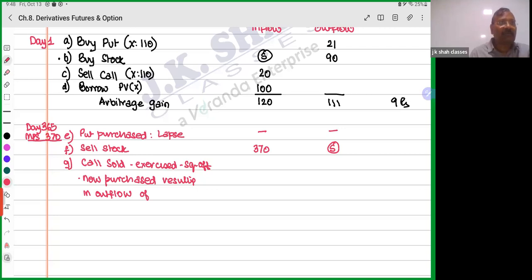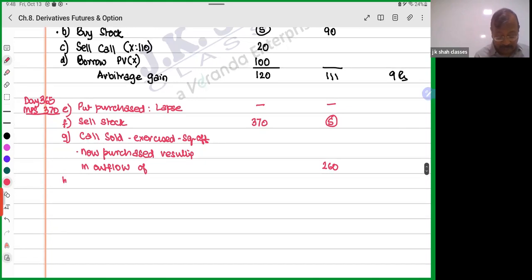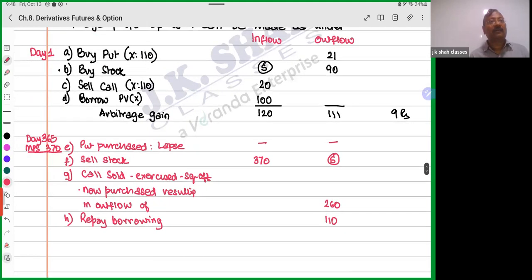Intrinsic value, right? Intrinsic value is 370, strike price is 110, 260. 260, that will be an outflow. And then repay borrowing. How much? 110, no? With the interest. देखा? 370 आपका ₹9 रह गया. Arbitrage profit.